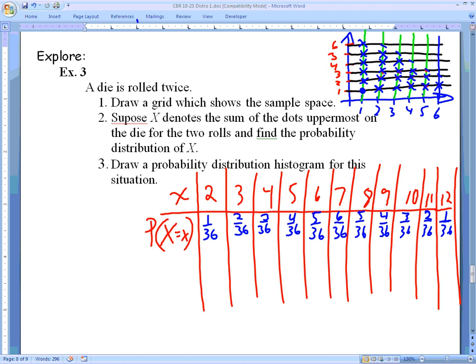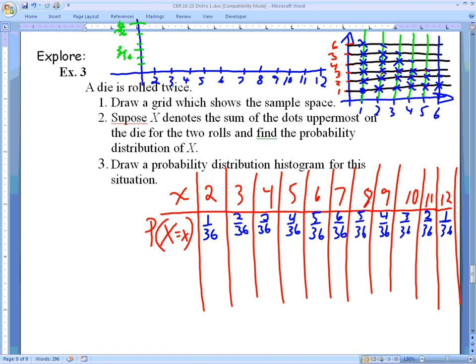Very quickly, what we would do here is we would have all of our values, starting with 2, 3, 4, 5, 6, 7, 8, 9, 10, 11, and 12. The highest value I ever need to get to is 6/36. So that would be 6/36, and then I would have 3/36, and then 2, 1, so on and so forth.